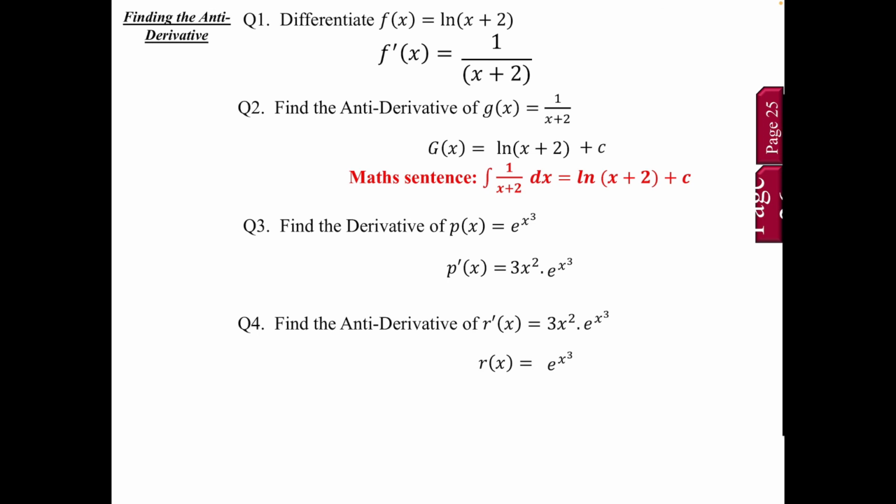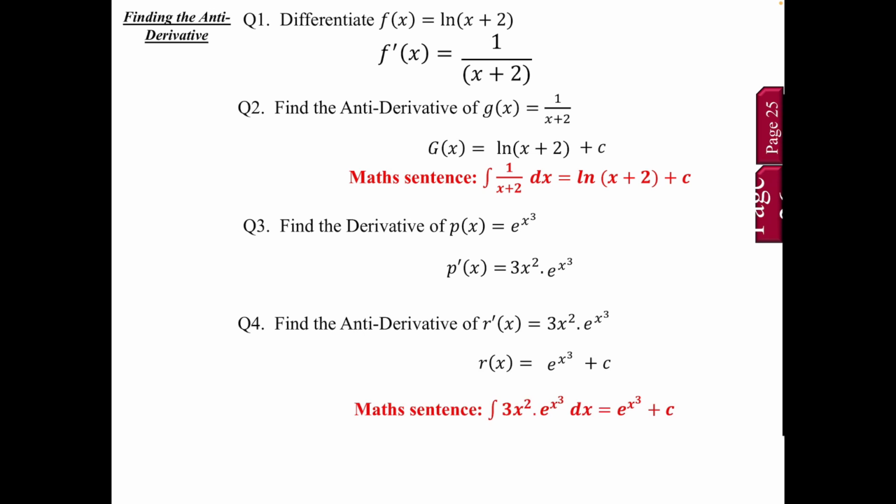Our antiderivative becomes e to the power of x to the power of 3 plus c. As a math sentence, this reads, the integral of 3x squared plus e to the power of x to the power of 3 dx equals e to the power of x to the power of 3 plus c.